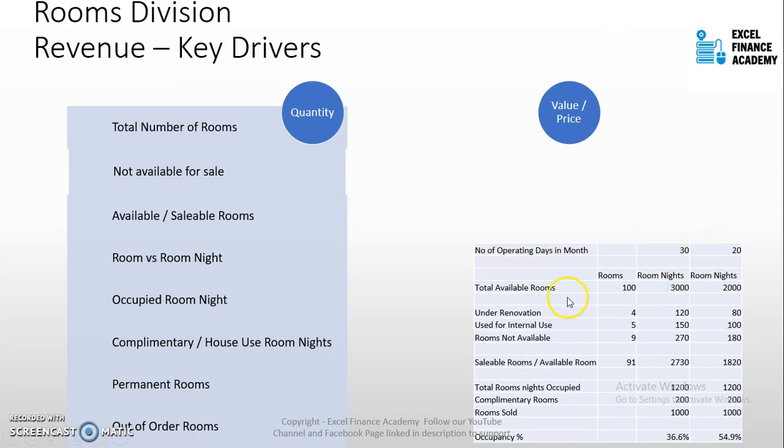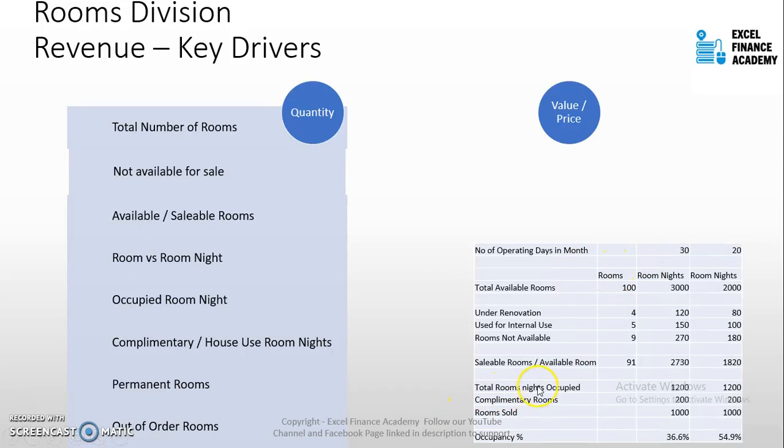The total number of rooms is 100. The room nights available are 3,000 and 2,000. Under renovation and under internal use, the not available rooms are 4, 5, and 9. So the available or saleable rooms are 91. All the calculations will use these numbers, but the hotel still has 100 rooms.